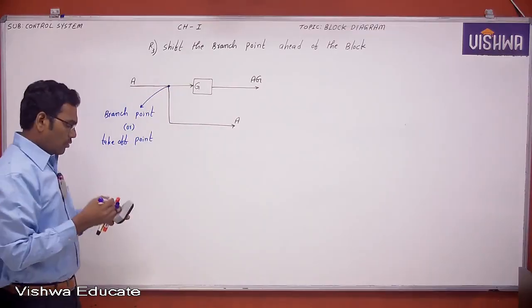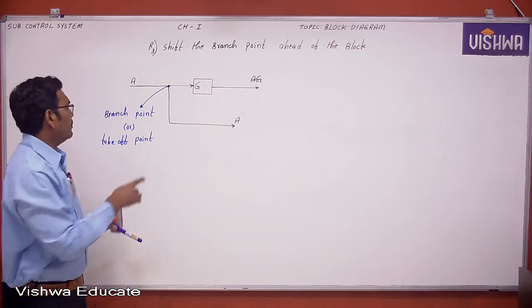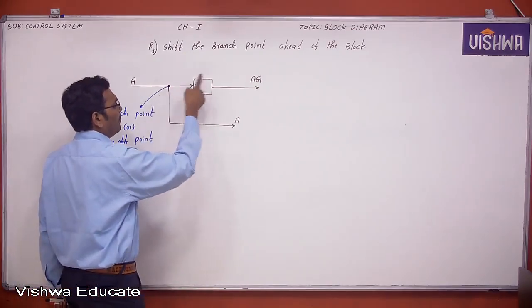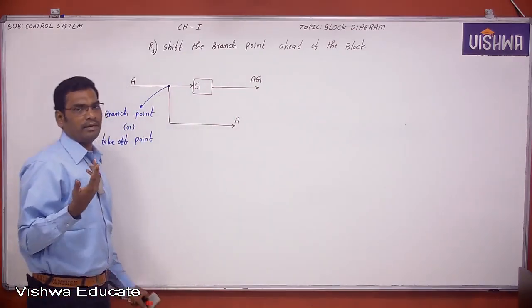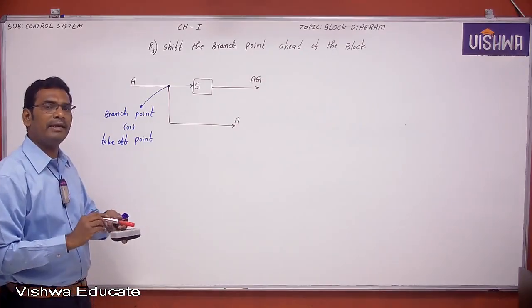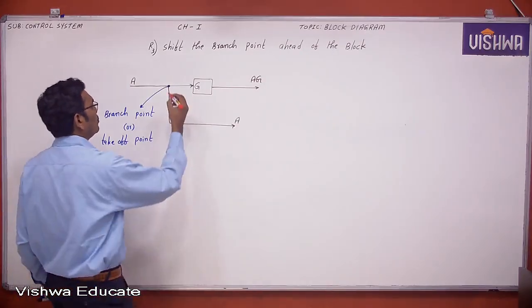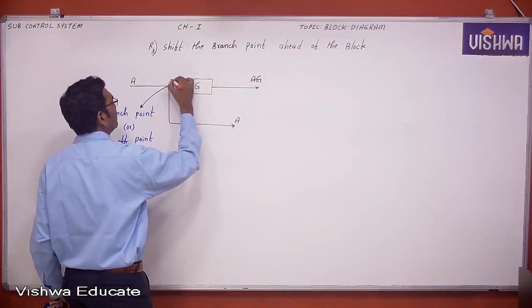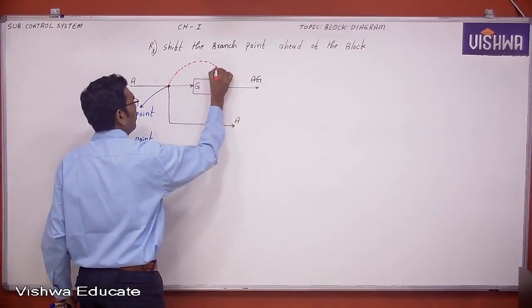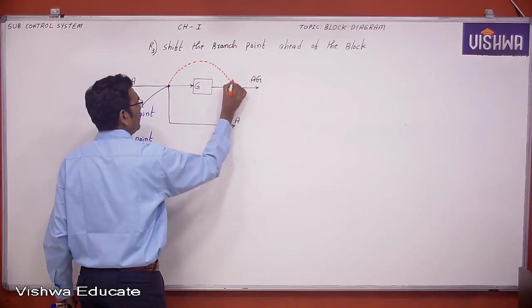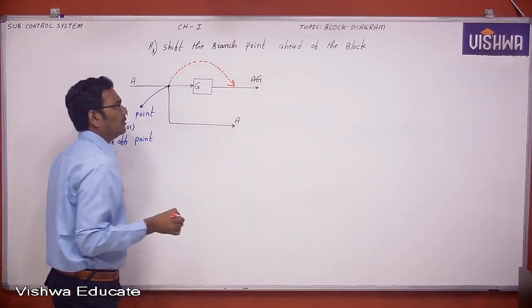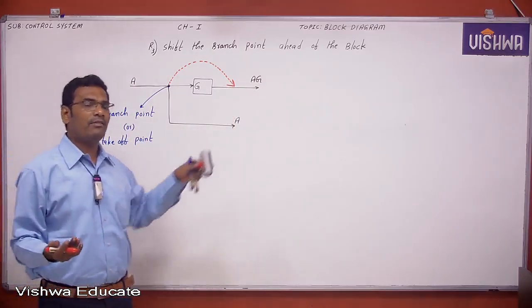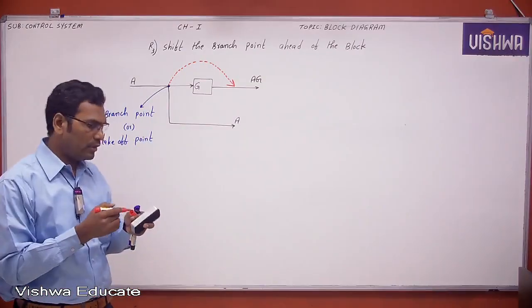Now in our block diagram, this branch point may be here, and you can get more advantage. If the situation demands, you can shift this branch point ahead of the block, to here, not a problem. If you have the flexibility of minimizing the block from this side, you can do that.